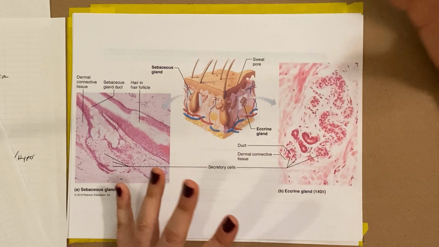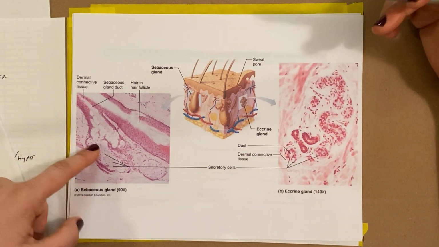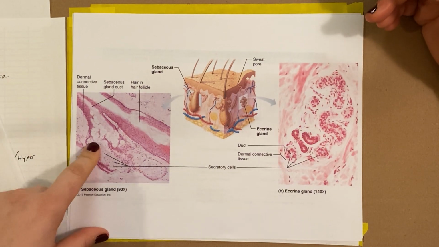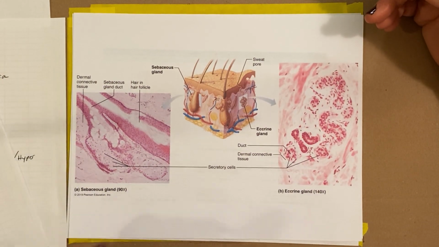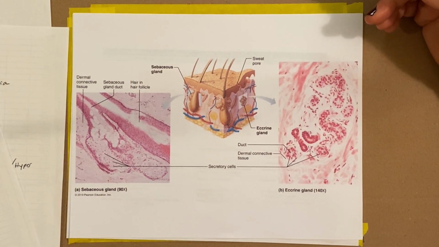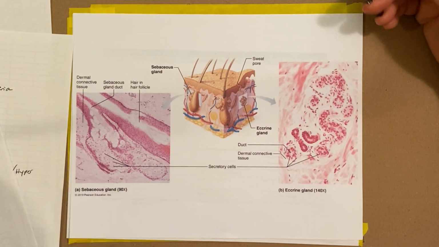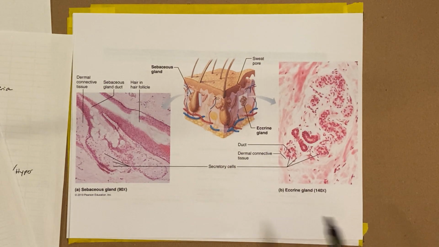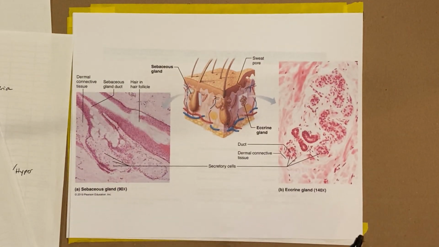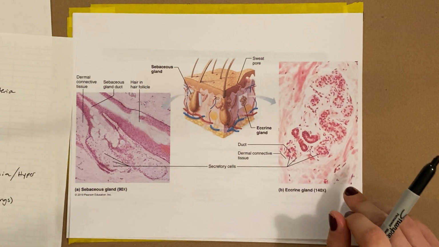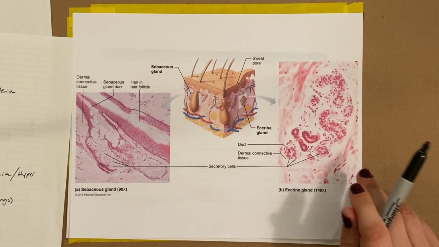So if we're pointing at this and saying, what is this? It should be some hint that this is probably going to be a sebaceous gland. You would not ever say that this is an apocrine gland, because apocrine glands are usually quite a bit deeper than that, okay? So that is a sebaceous gland and the different glands.